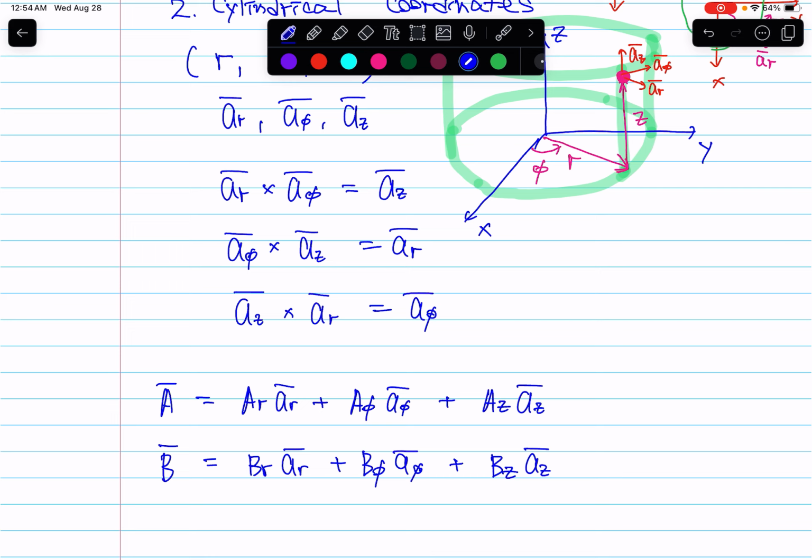Okay, you should note that the base vectors are the same regardless of the vector.